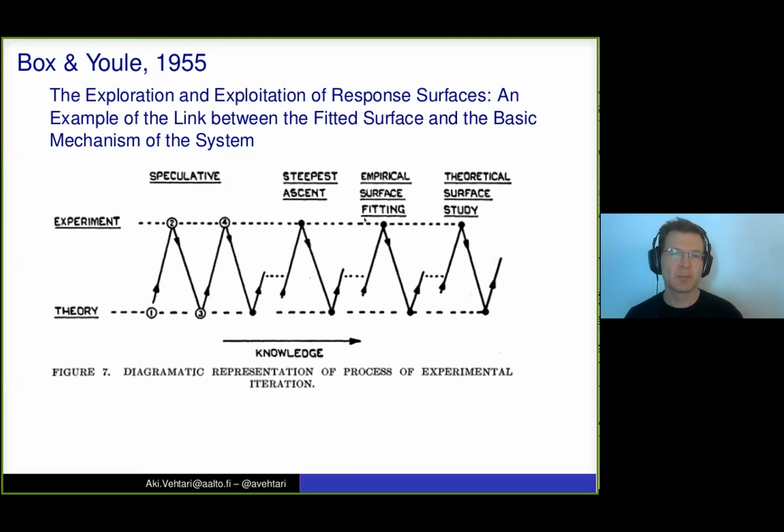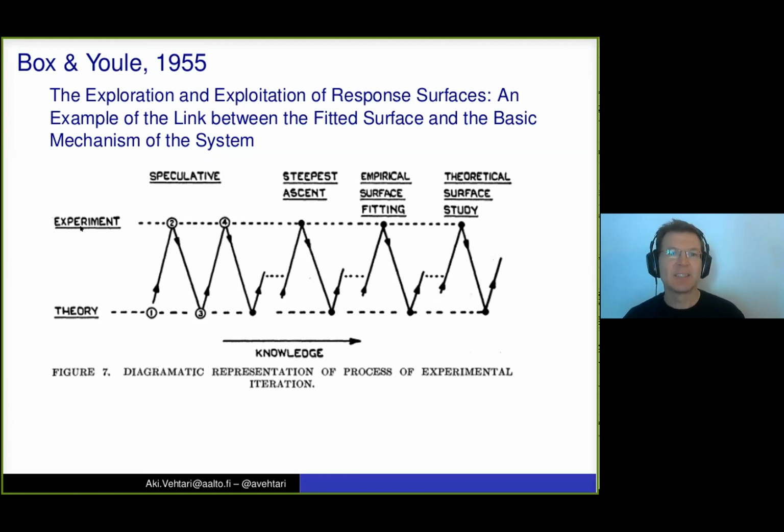George E. P. Box is a very famous statistician, and in 1955 with Youle, he had this paper with a catchy title, The Exploration and Exploitation of Response Surfaces: An Example of the Link between the Fitted Surface and the Basic Mechanism of the System.